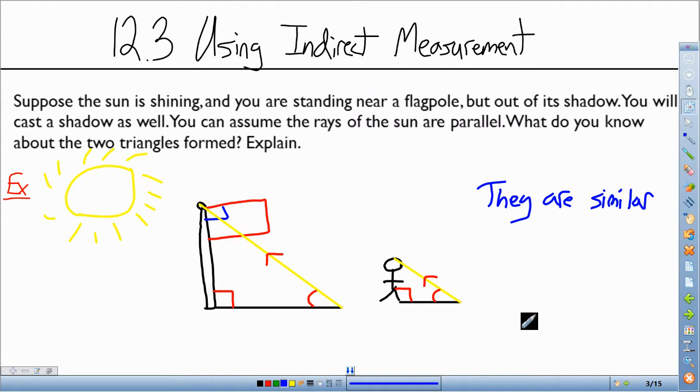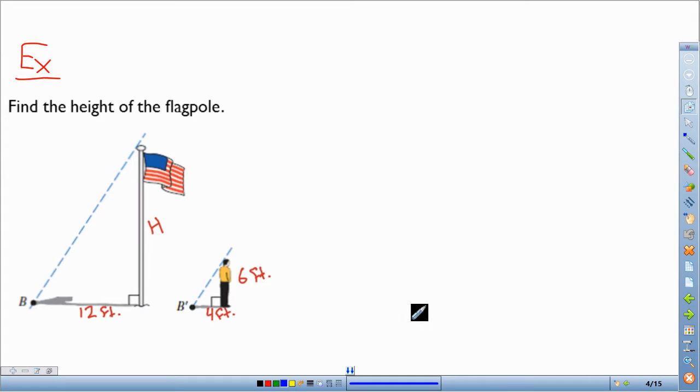All right, so let's try this out with another example. So I guess here is another drawing. It's the same drawing, a flagpole and a person, though it's kind of flip-flop. If you want to put these values on your original drawing you just drew, that's fine with me. All right, so yeah, say we are 6 feet tall.